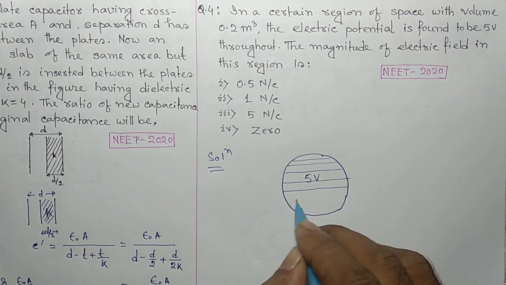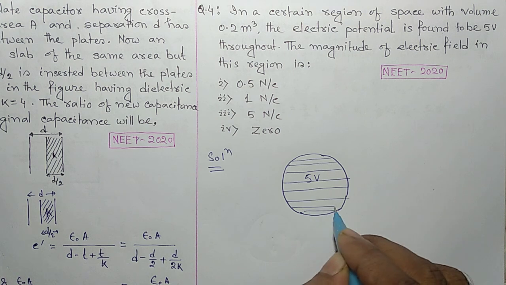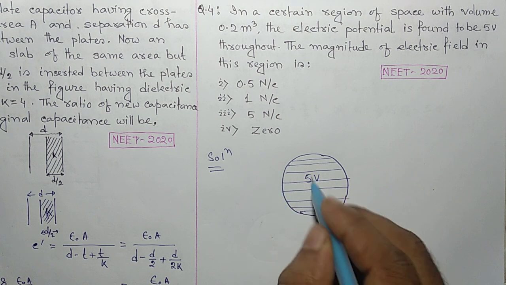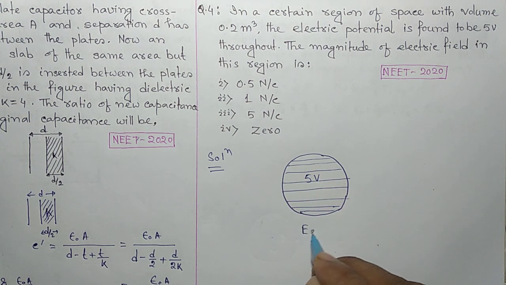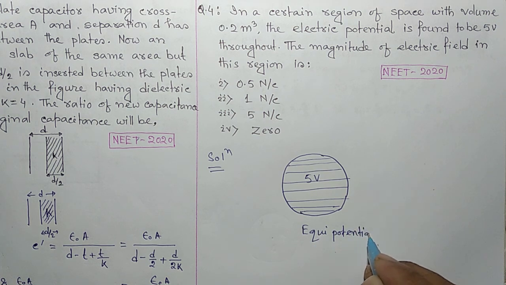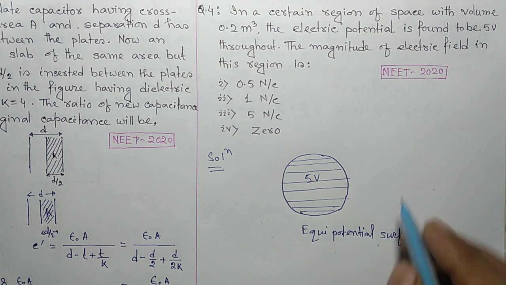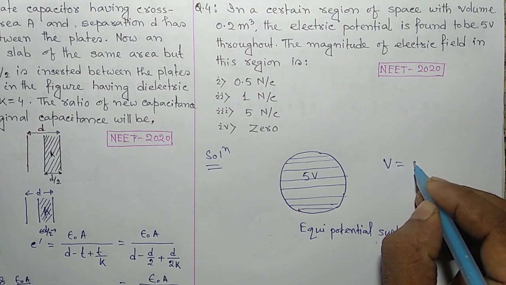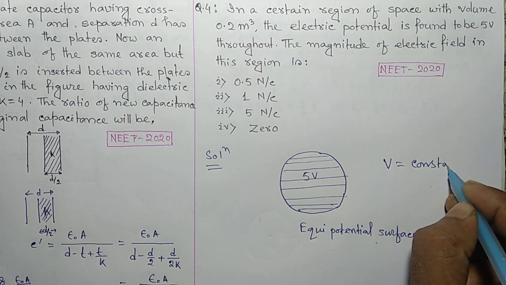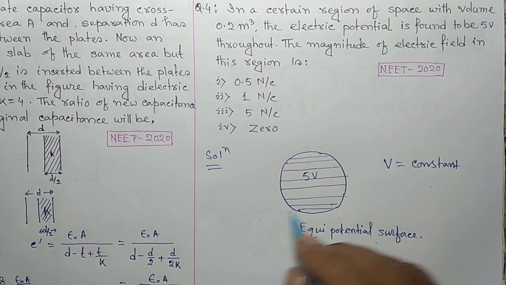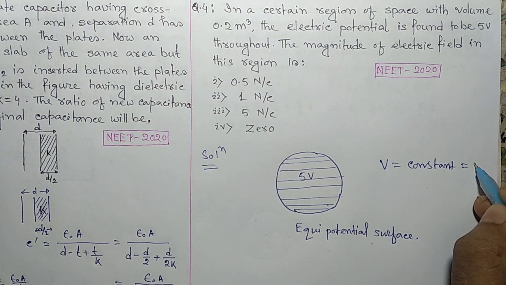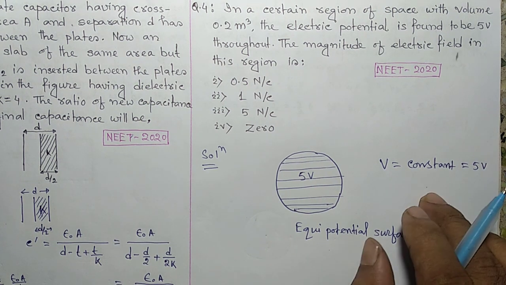Alright. So this surface is also called equipotential surface. So V is constant everywhere, and it is equal to 5 volt.